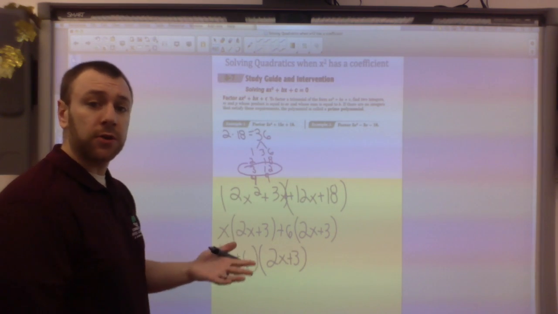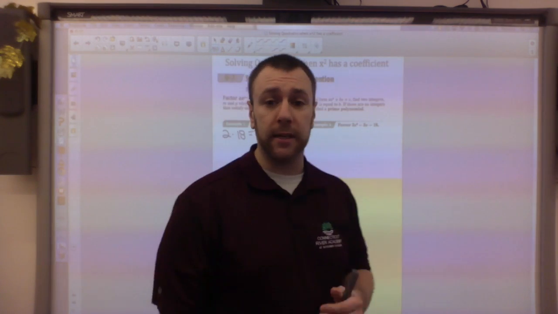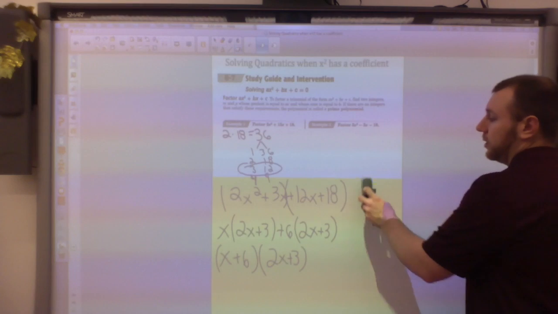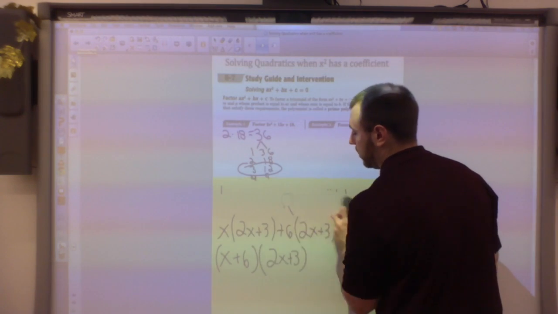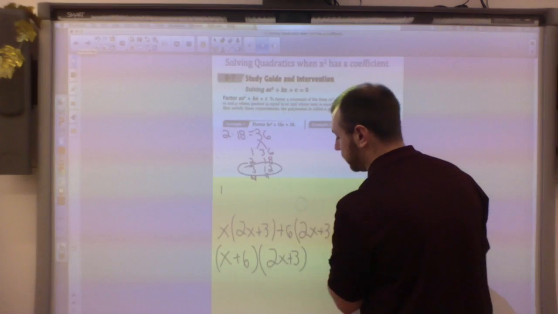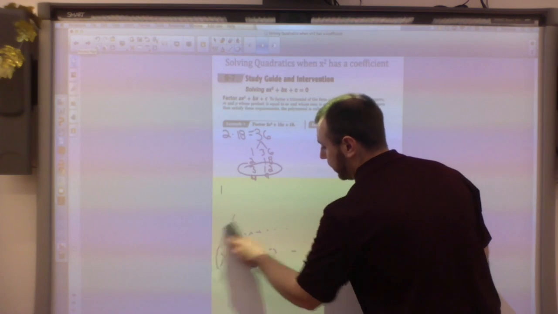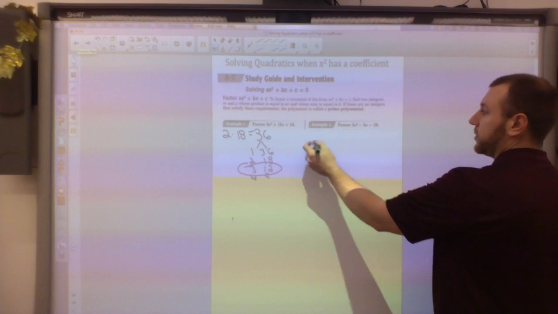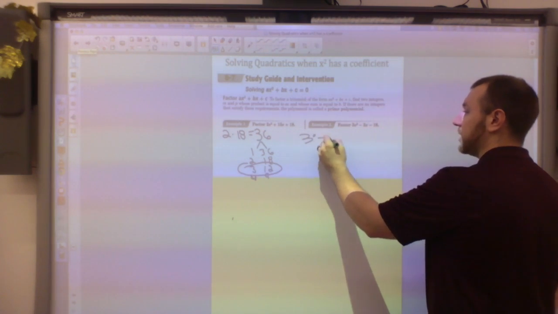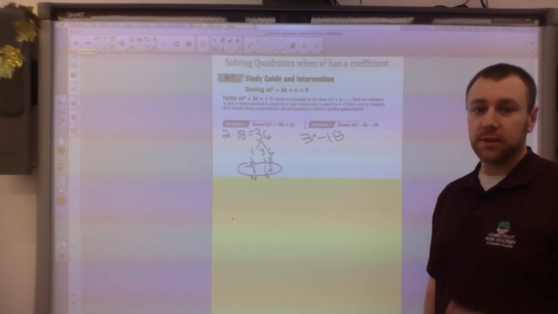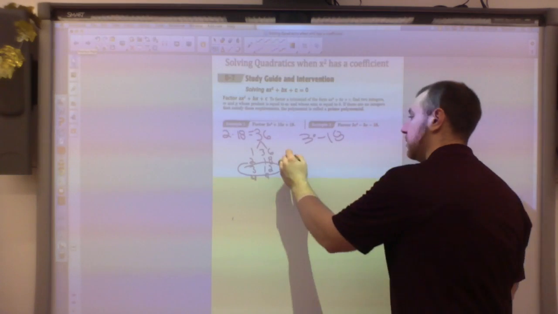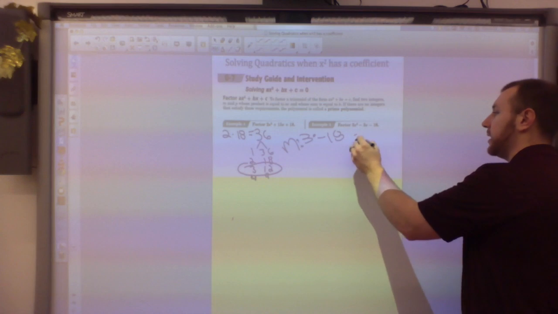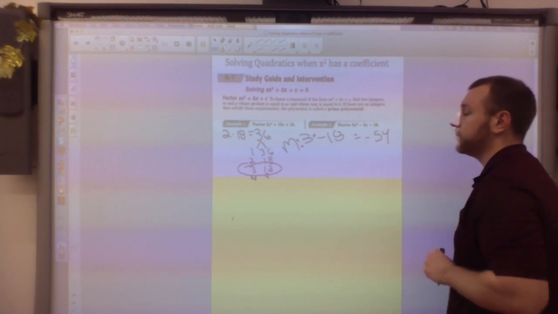To go through this procedure again, let's look at example 2. The first step, m, is multiply: 3 times negative 18. I'm going to get negative 54.